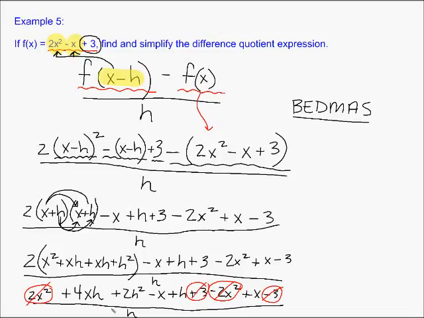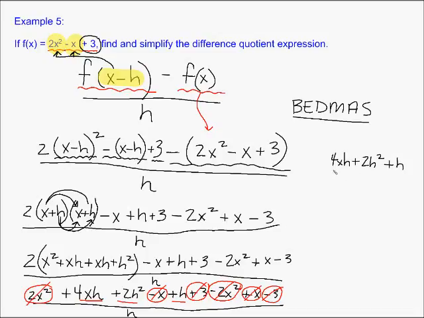That gives me 0, so those cancel out. Negative x and positive x, those cancel out. And that will leave me with 4xh plus 2h squared plus h. So I'm going to write those down. I'm going to use that over here. 4xh plus 2h squared plus h.